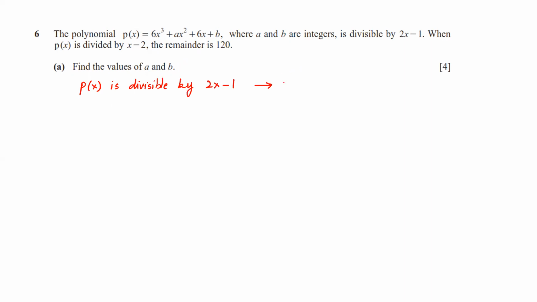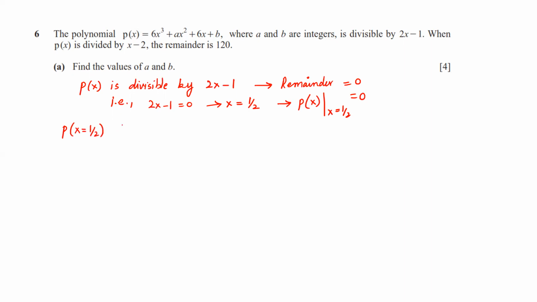It means that the remainder is 0, that is, if 2x minus 1 is equal to 0, or the value of x is equal to 1 by 2, p of x for x equals 1 by 2 is equal to 0. So just simply, for case 1, put x equals 1 by 2 in this equation and find out the value.